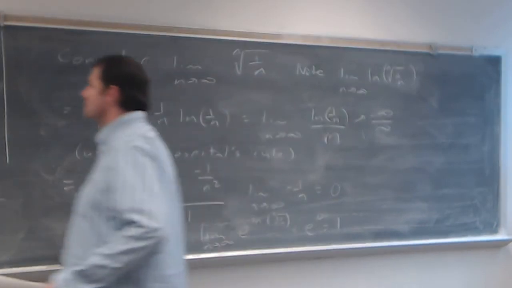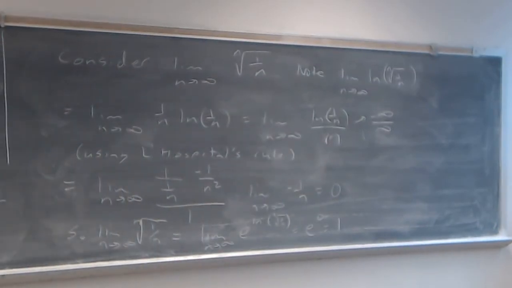So what that gives us is that the lim sup is going to have to be 1 for this sequence.